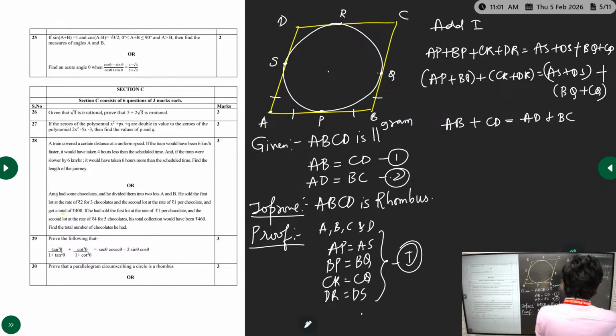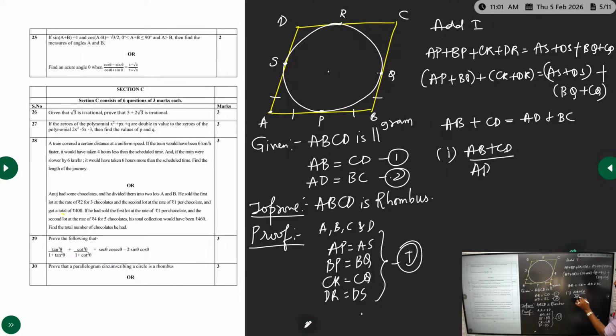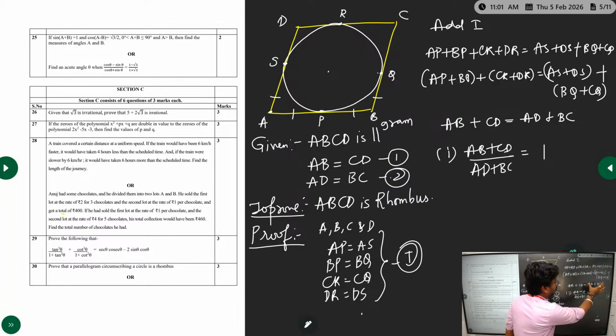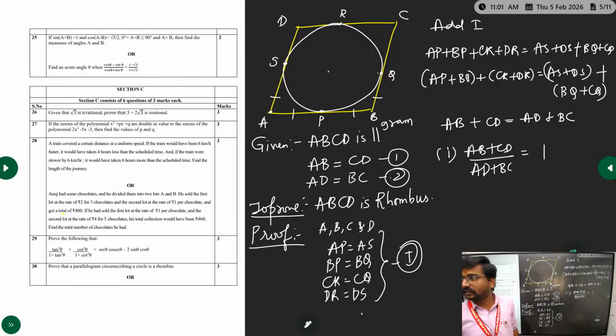In the exam you may get the same question. Instead of a parallelogram, they will say quadrilateral only. Prove that AB plus CD by AD plus BC is equal to 1. They may ask like this. What we have done is just dividing both sides by AD plus BC, or taking this entire AD plus BC to the denominator.